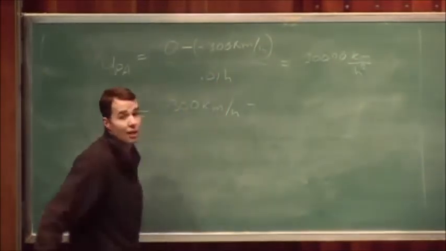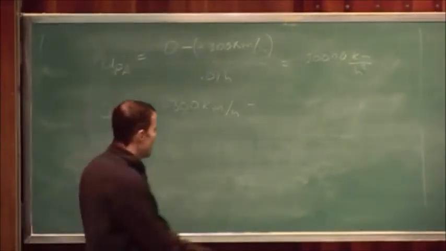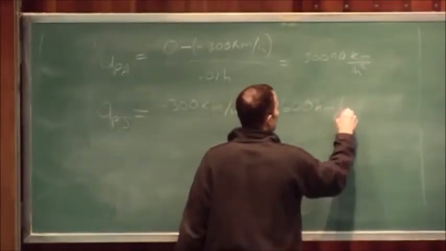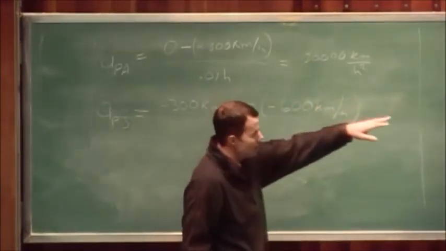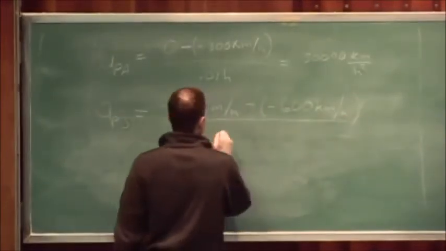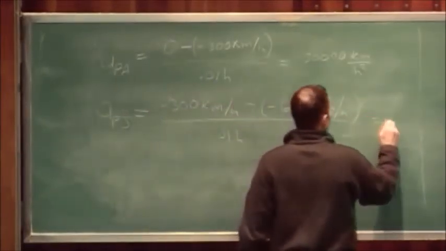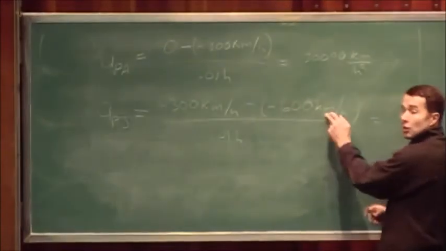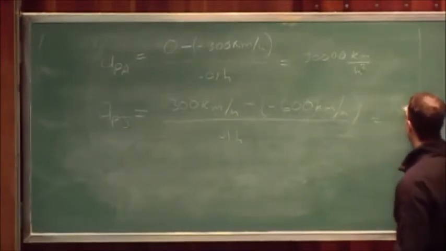And what is its initial velocity? Minus 600. Right? That's what we were just talking about. It was going relative to me minus 600 kilometers per hour, and it did it in the same amount of time. And so what you can see is I get minus 300 plus 600, and so I get the same thing here.